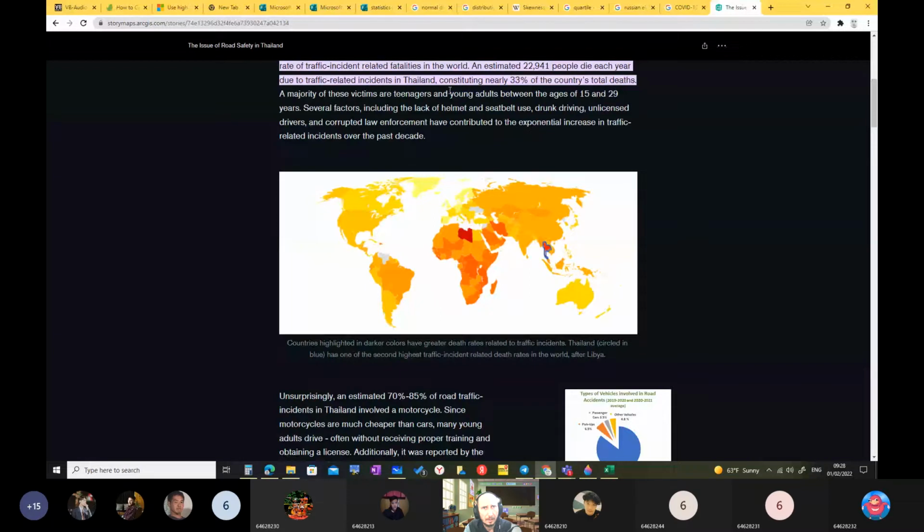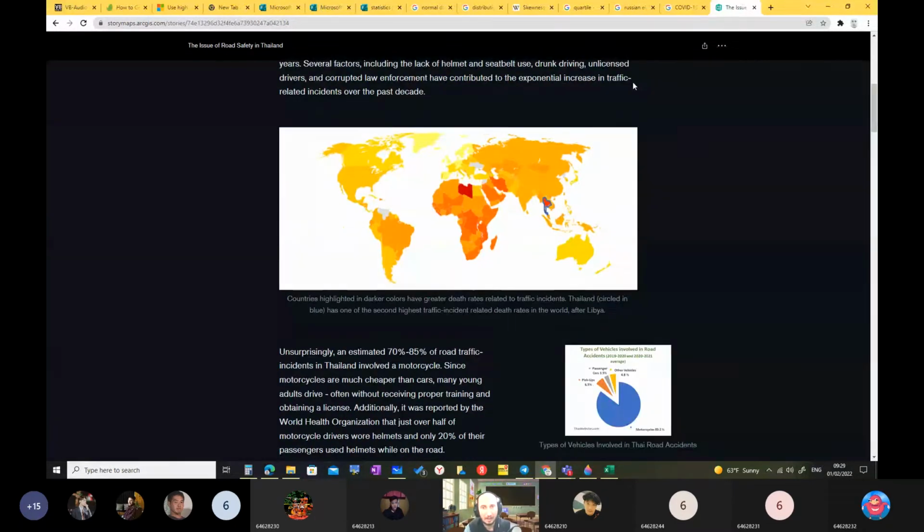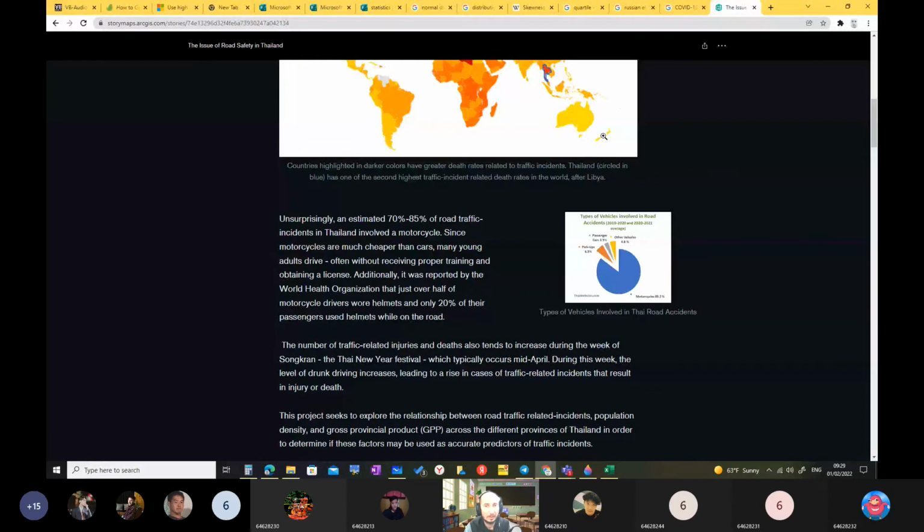In Thailand, around 23,000 people die each year because of traffic accidents. 33% of all the people dead. So again, you look at Thailand, everyone dies, and 33% of people who die, die because of traffic accidents. And inside of that, 85, right? So we can calculate.